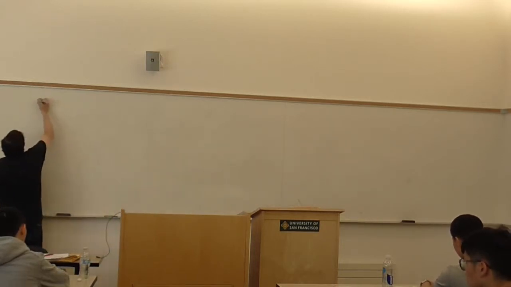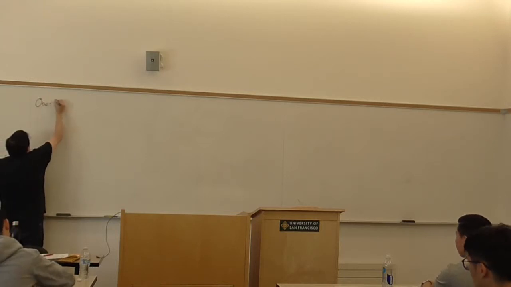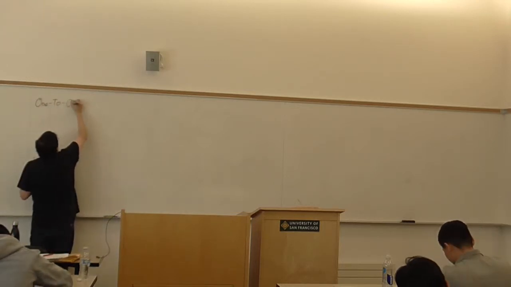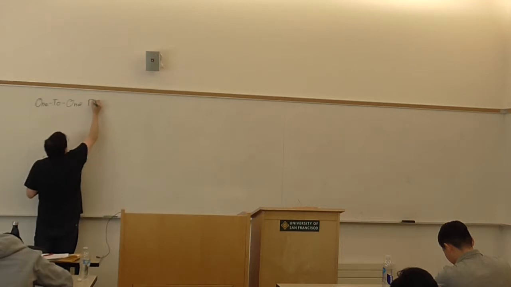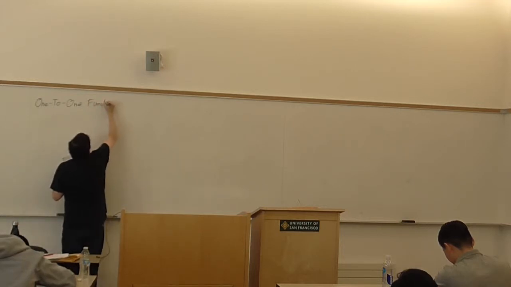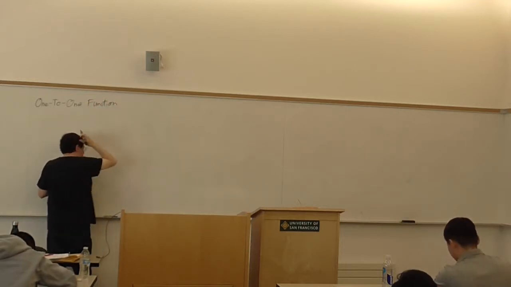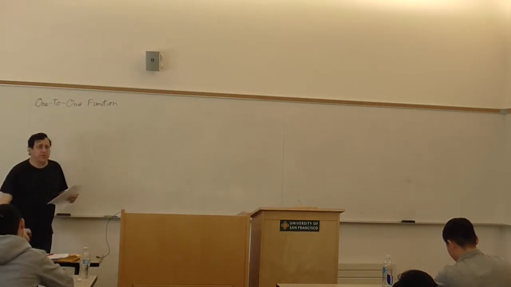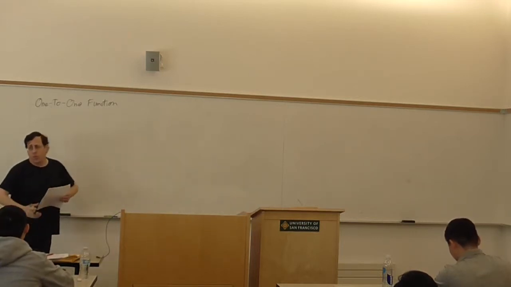All right. Next topic is something called a one-to-one function. We're going to talk about what a one-to-one function is, and we're also going to see an example of why they're important.